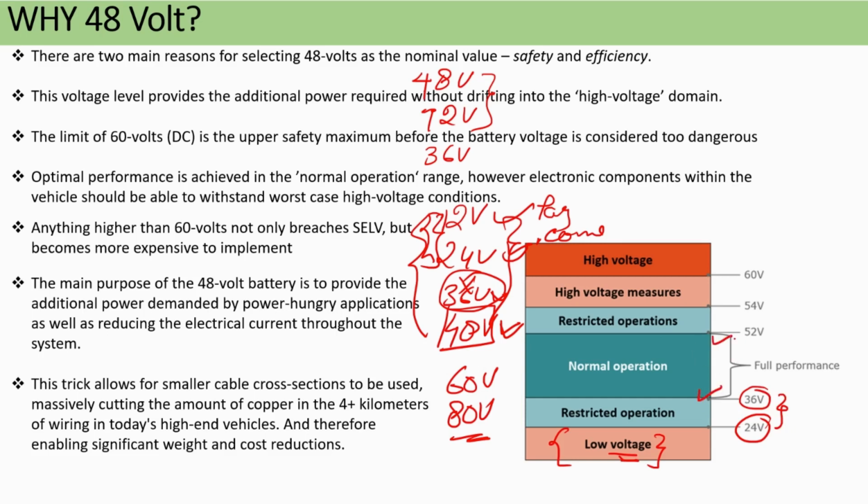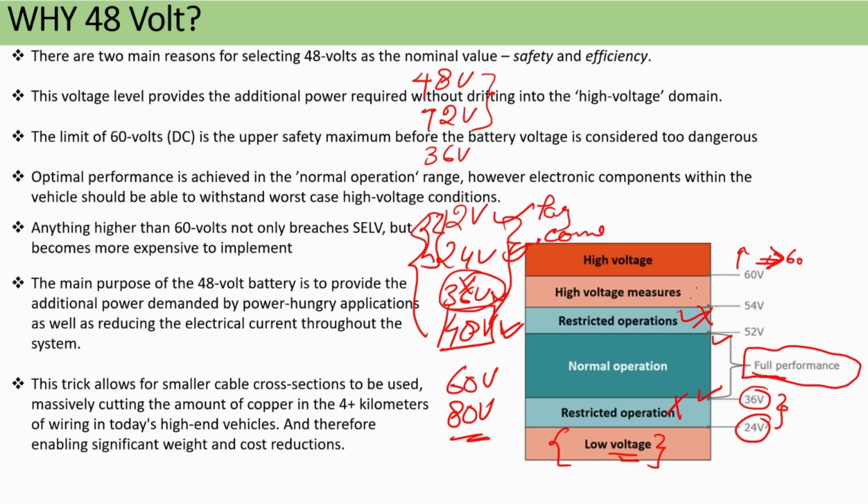Then 36 to 52 volt we give full performance. Above this is also restricted, we cannot use it. And 54 upward is the high voltage measure. Above 60 volt we consider everything high voltage.